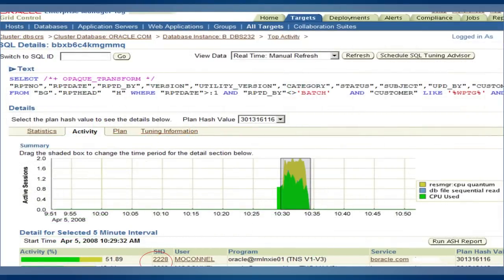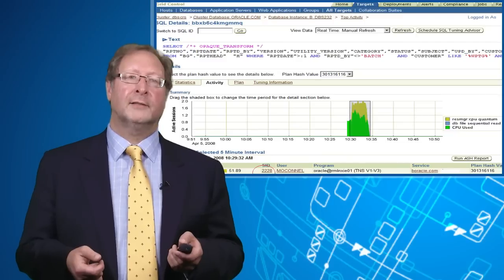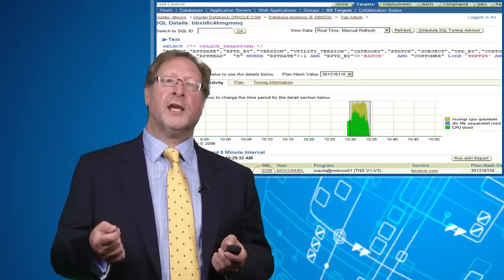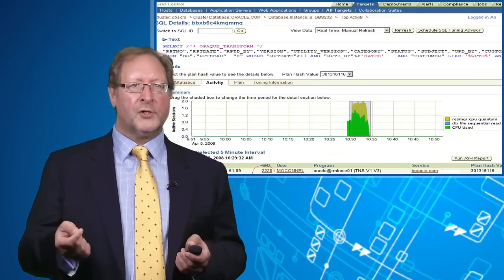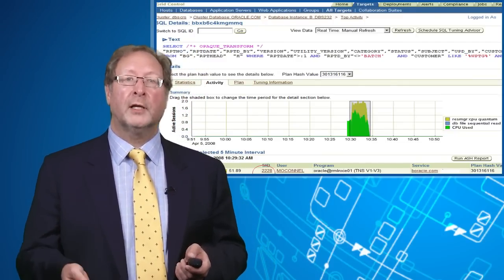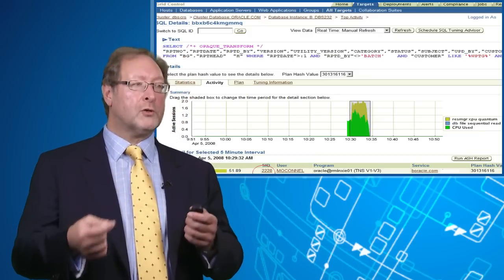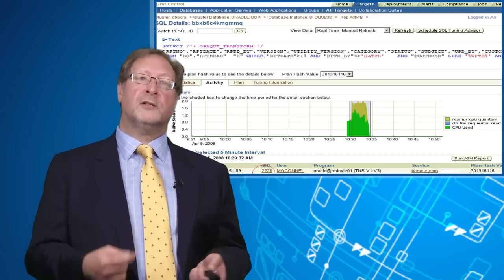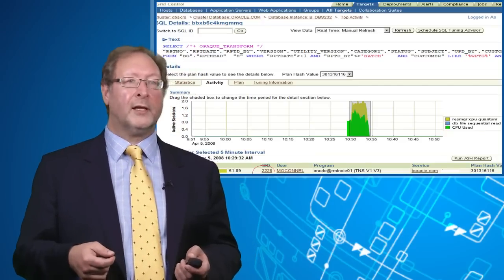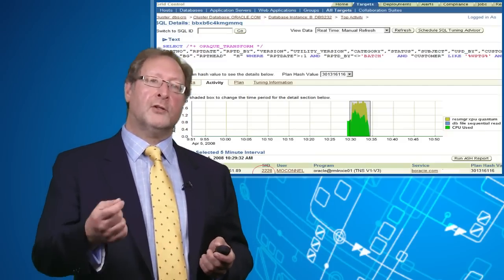And actually in this case, as we drill down into that individual SQL, we can see that there were two copies of this SQL statement that were being run by the same user. So this was one of those cases where a user was running a slow SQL, the SQL didn't come back, and because the user was just running in a browser window, all they had to do was close that browser window, start the application again, and start the query again.